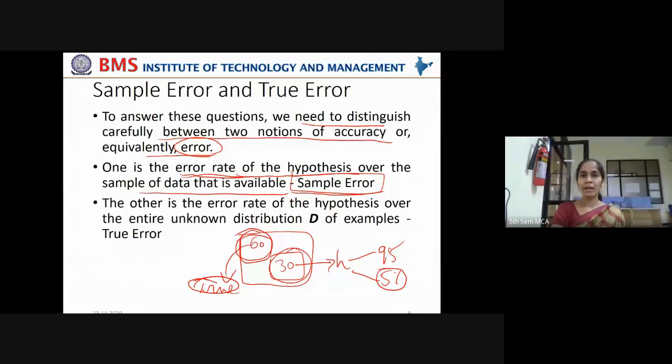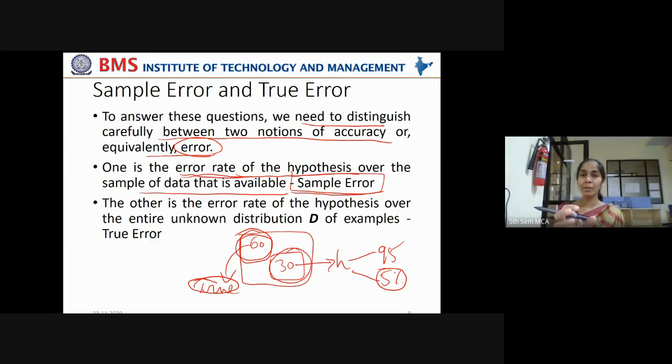I am taking 1 lakh patients data. Actually the patients are larger in number, but I am taking a sample of 1 lakh patients. Now I designed a machine learning model, trained on this 1 lakh patients data, and it has some accuracy, say 98%. That 2% is called sample error.